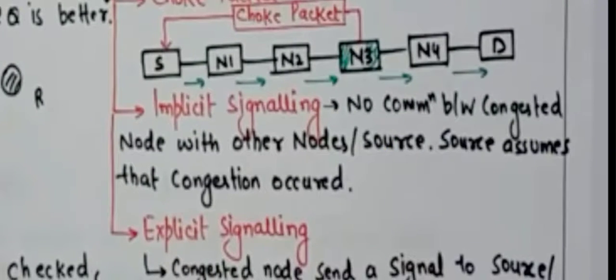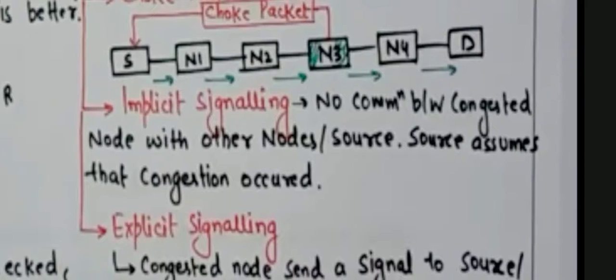Now we will go for one more technique, implicit signaling. Implicit signaling is where there is no communication between the congestion node and other nodes or the source.